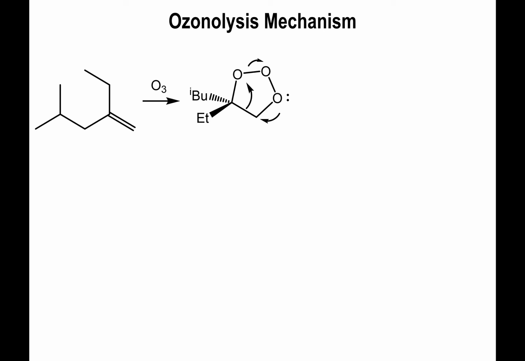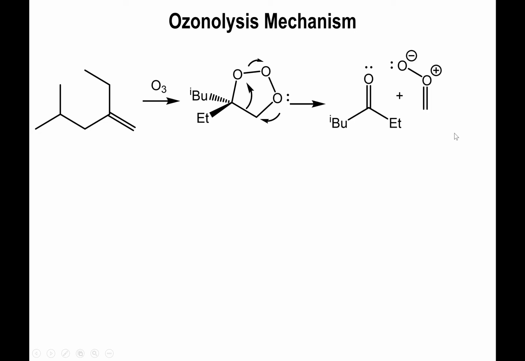So technically what happens is that this oxygen here on the right side provides electrons to the carbon next door, and then the carbon-carbon bond is broken to form a carbonyl. At the same time, the oxygen-oxygen bond up here has to have its electrons removed onto the middle oxygen, thus breaking that connection.